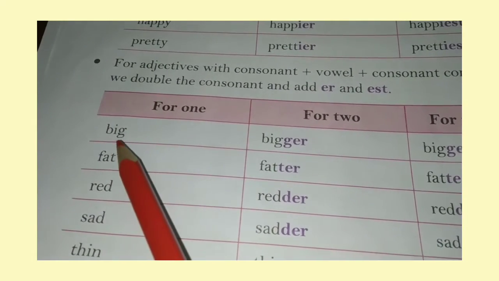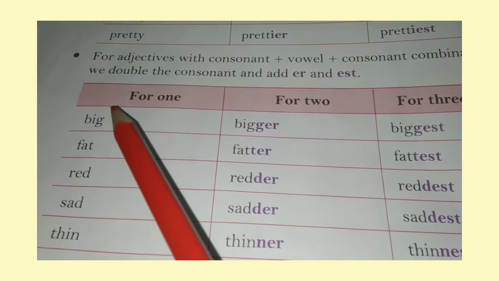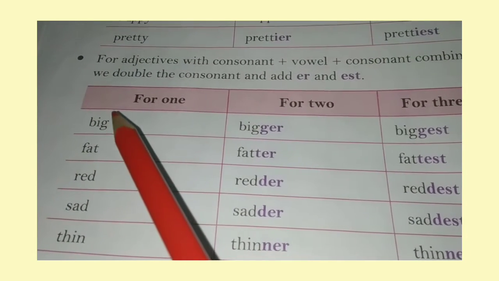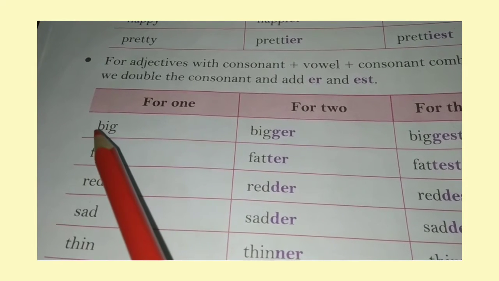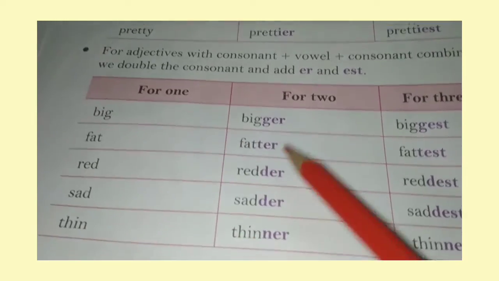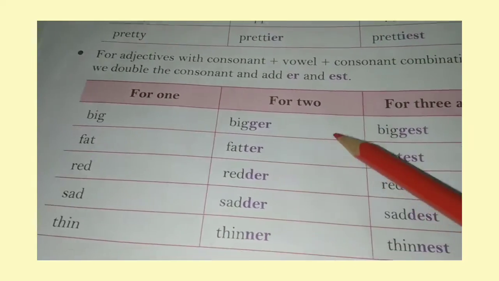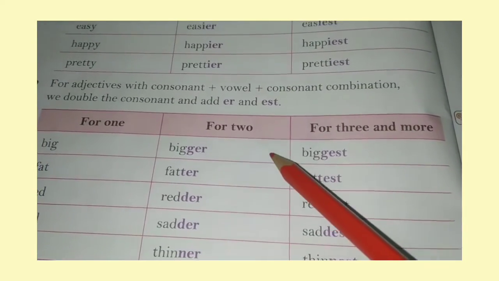For example, big, bigger, biggest, fat, fatter, fattest. All these last letters are consonants, and the pattern is consonant, vowel, consonant. So you also have to learn all these tables. You have to learn the spellings carefully by heart.